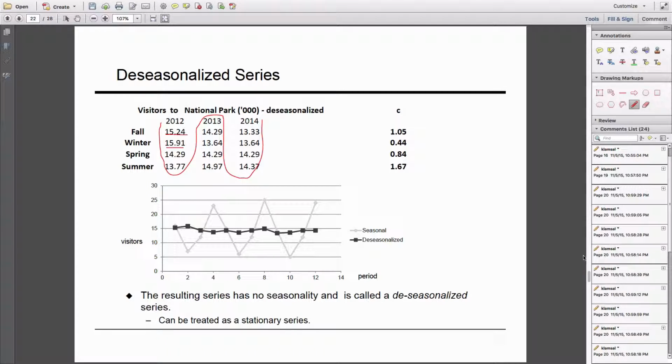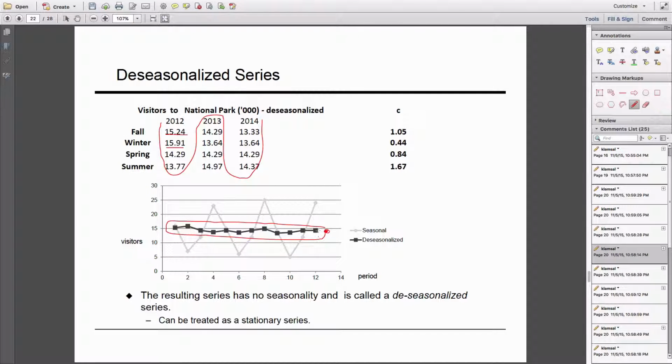After this, you can use any kind of forecasting method, like moving average or normal regression, on this data set that you created, and you predict the next data point here, right?